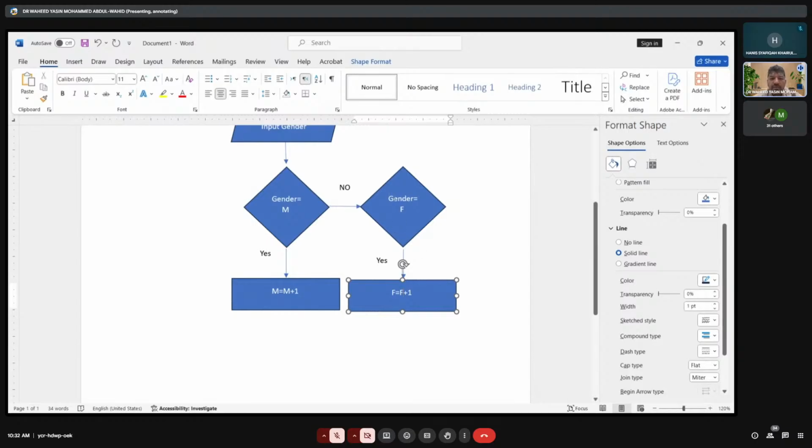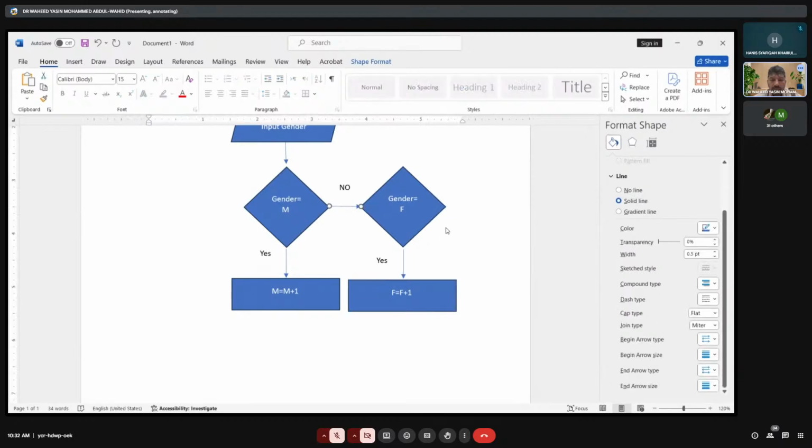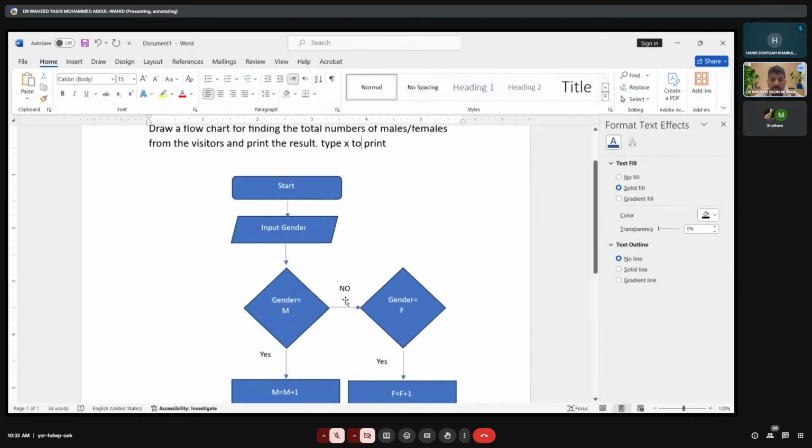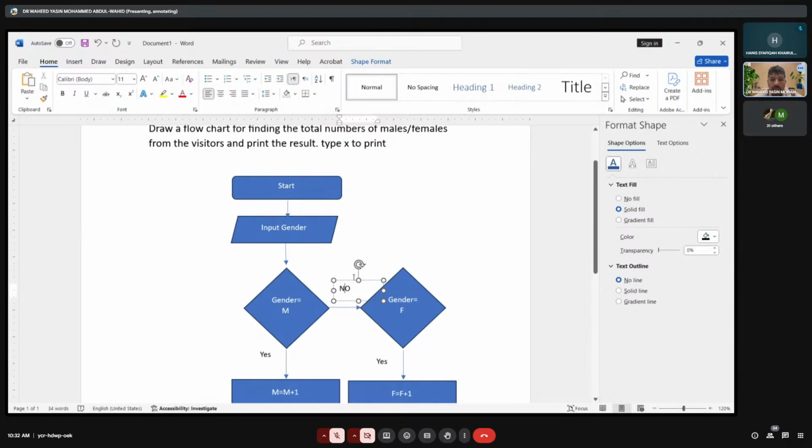Okay? If no, what do you have to do? Go back to input gender.